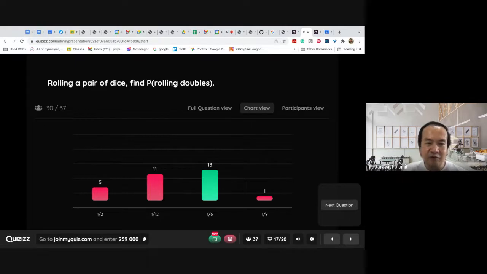The first die, you can roll 1 to 6, and the second one, you can also roll 1 to 6. So all the possible outcomes are 6 times 6, that is 36. However, what is the number of ways you can roll doubles? If the first one is 1, the second one has to be the same number. So 1, 1, 2, 2, 3, 3. So you have 6. So the answer is 6 divided by 36, which is 1 over 6.